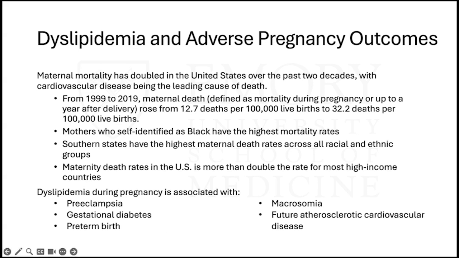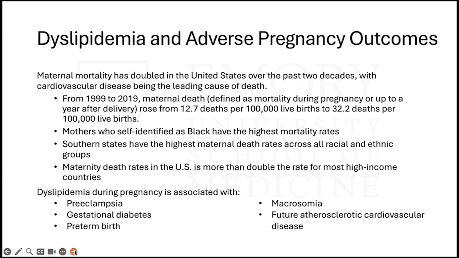And so all this is concerning, and why it's important to be able to identify dyslipidemia during pregnancy is because, like I said earlier, dyslipidemia during pregnancy is associated with adverse pregnancy outcomes, as well as future atherosclerotic cardiovascular disease later in life. And so all of this is contributing to these higher rates of maternal mortality in the United States.